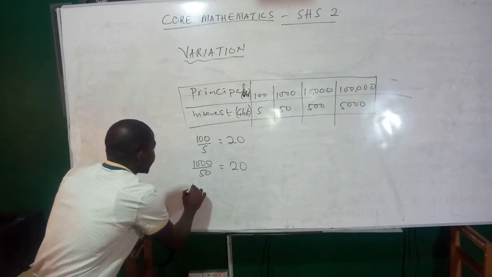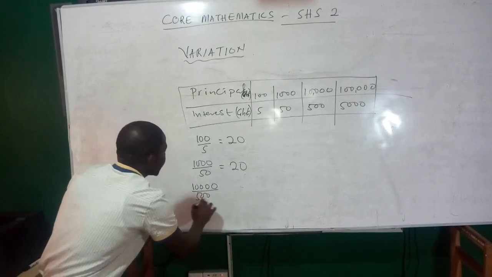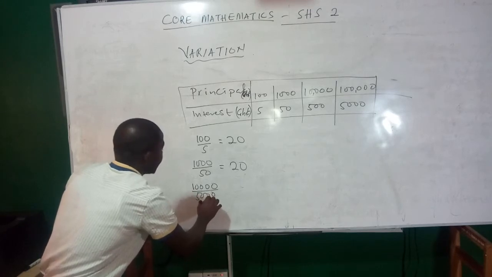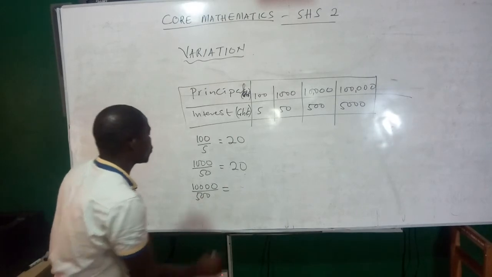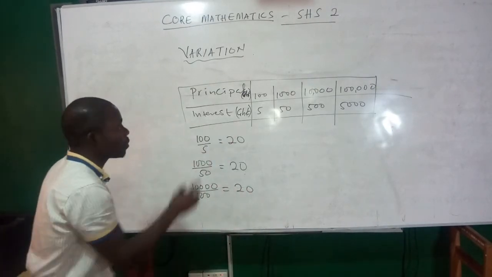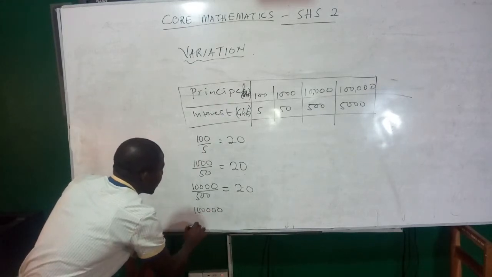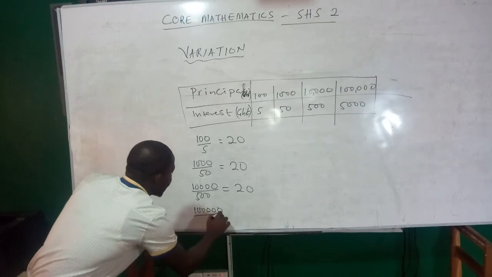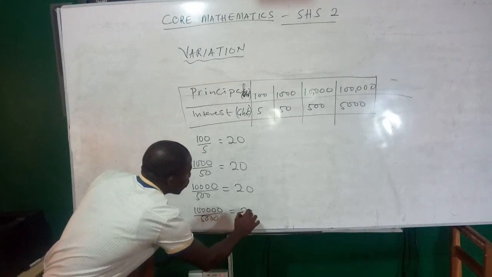The third one is 10,000 divided by 500. This is also equal to 20. And finally, from the table we have 100,000 divided by 5,000, and this is also equal to 20.